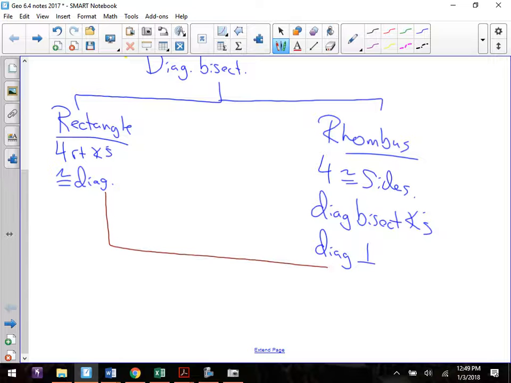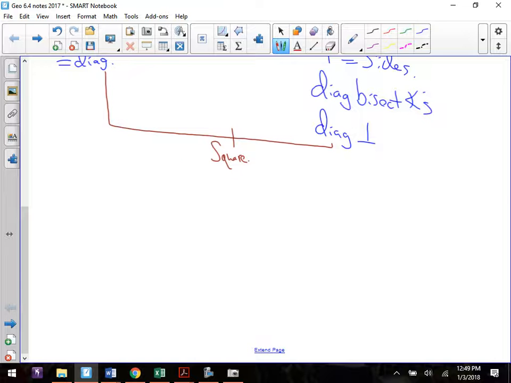The square then had all the parts. It had all the parts of the rectangle. It had all the parts of the rhombus. It was the most specific of all. 4 right angles. Congruent sides.